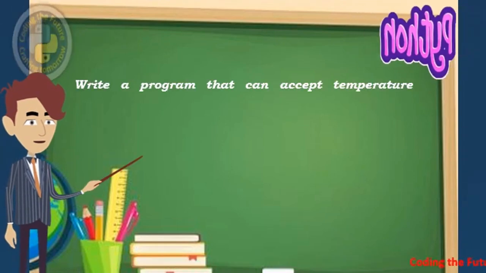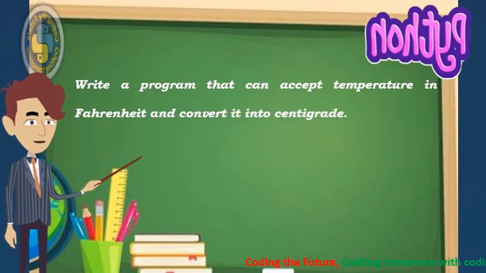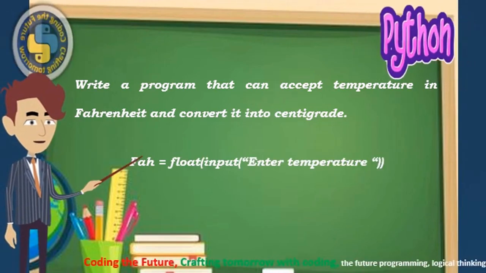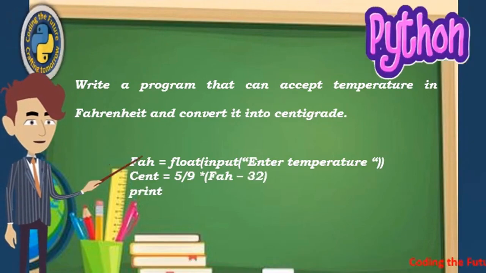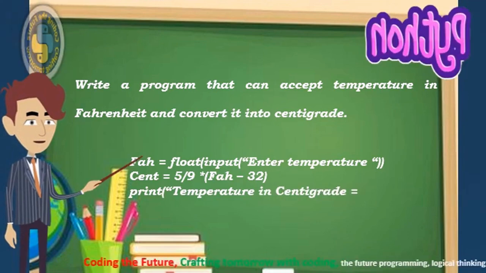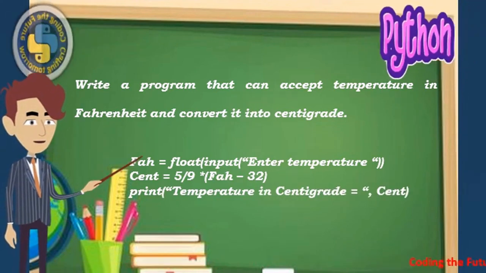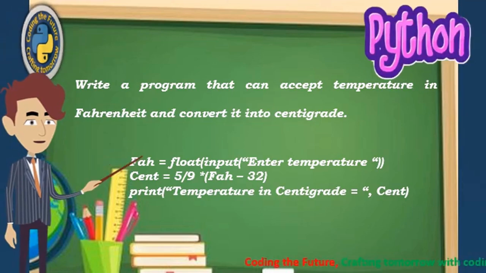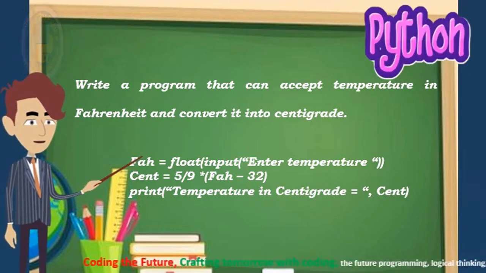Next is write a program that can accept temperature in Fahrenheit and convert it into centigrade. Fa variable is used to store the value using the input method with message enter temperature within the float method to convert the input into floating point number. Next, the formula is used, cent is equal to 5 by 9 into Fa minus 32.